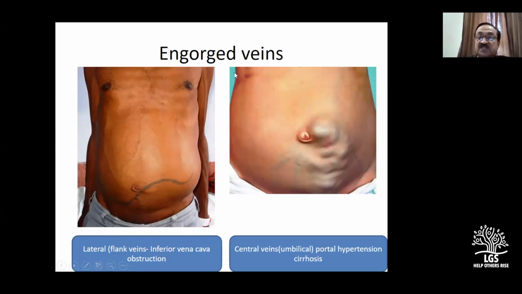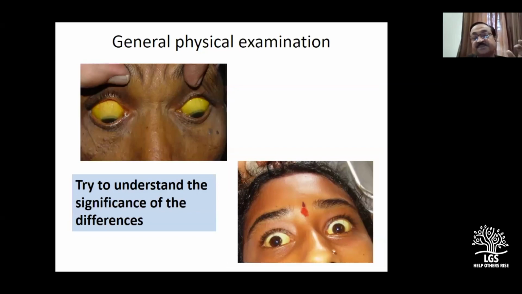Portal is branches of the left gastric vein here, and the systemic is branches of the superficial and inferior epigastric veins. These are the veins which run in the falciform ligament, the umbilical veins. That's why you don't find much caput medusae, because by the time the patient is born, usually the veins are obliterated. So look for any dilated veins in your case.